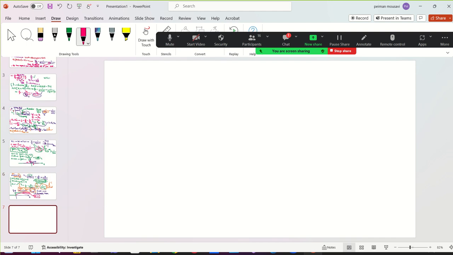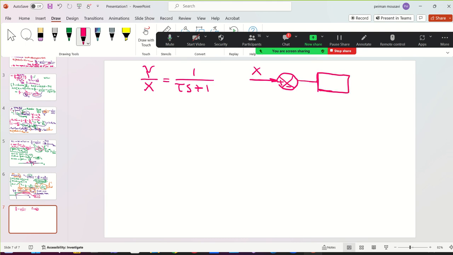So, before going to the ramp, I taught you that the open loop transfer function is 1 over tau s plus 1. Now I want to plot it in Simulink, in the unity feedback system. What do you have to put here? You tell me. Closed loop or open loop transfer function? Which of that?